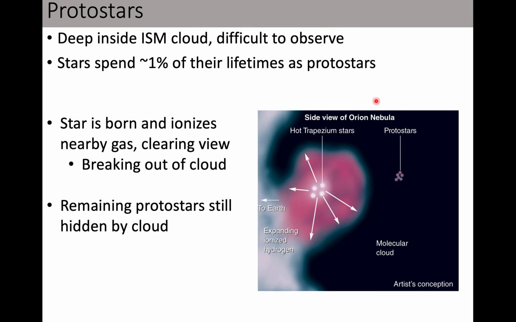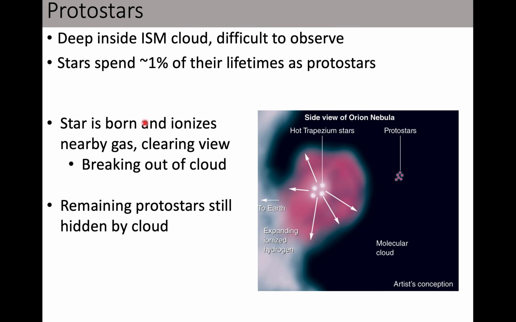The protostar, let's say, forms, and once it begins ionizing the nearby gases, meaning ionizing the gases of the surrounding ISM, it will start to clear its view and break out of the cloud.